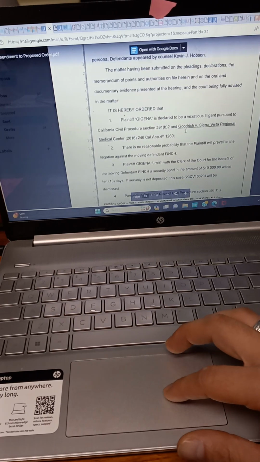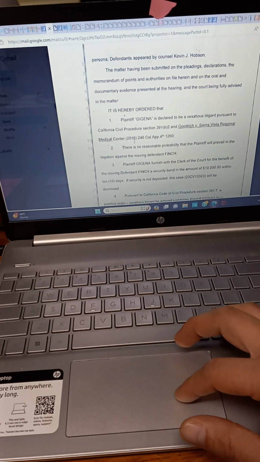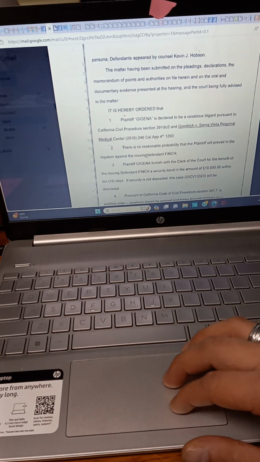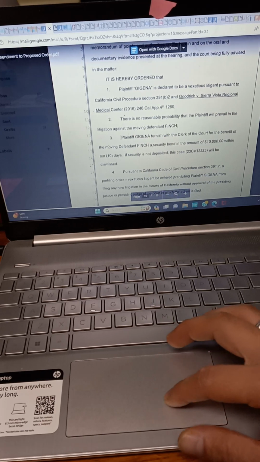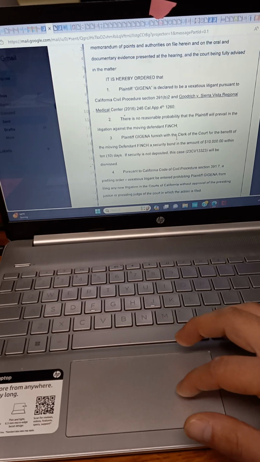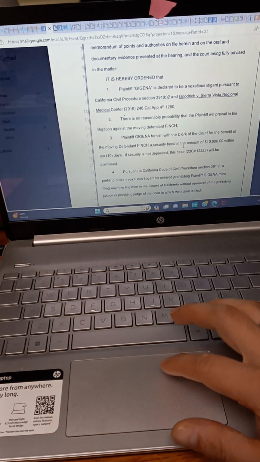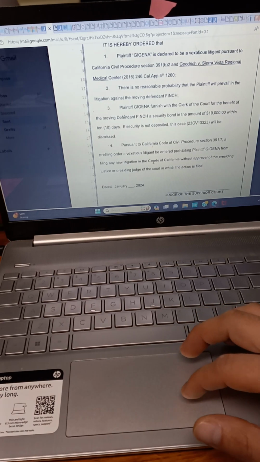They're using this Goodrich case against me. He says there's no probability that the plaintiff will prevail, and that I'm to furnish a $10,000 security bond within 10 days. And if I don't, they're going to dismiss the case.